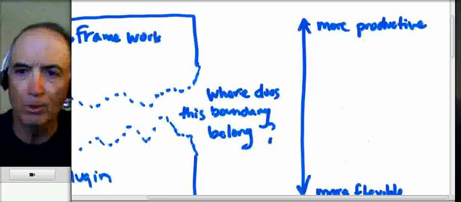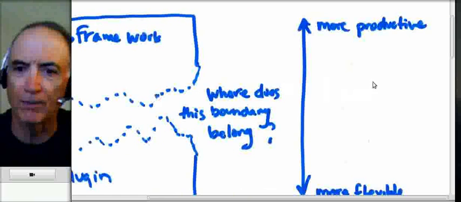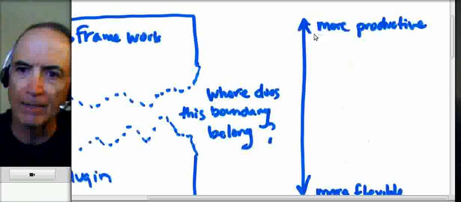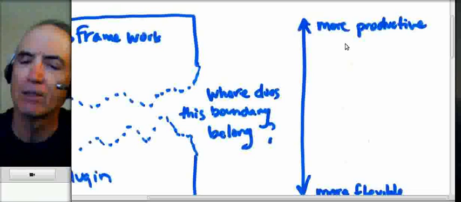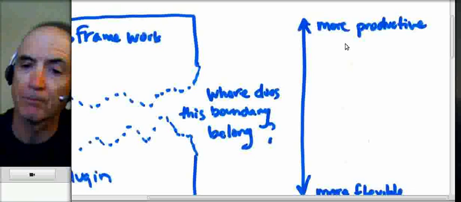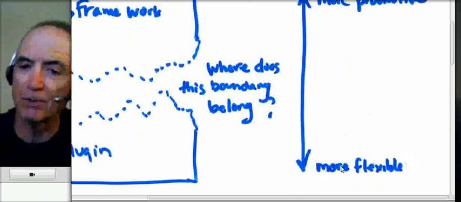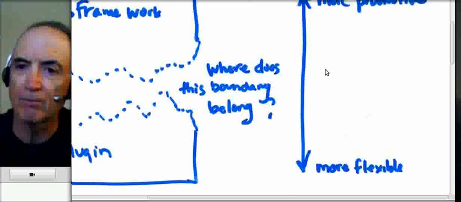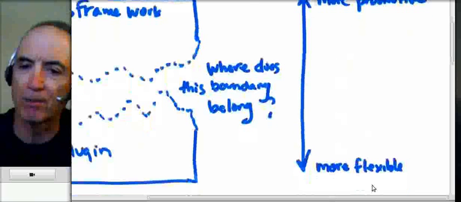The more that you provide in the framework, then you're more at this end of the spectrum, where there's less code that the plugin author has to provide, so they'll be more productive. On the other hand, what they gain in productivity, they lose in flexibility. The more code that you provide, the more constraints it puts on the plugin developer, so the less flexibility they have.